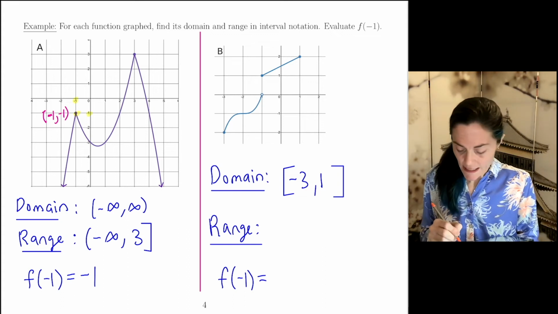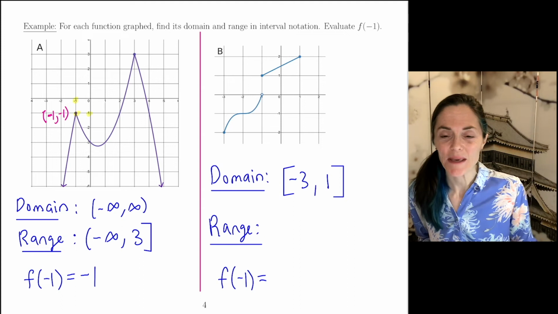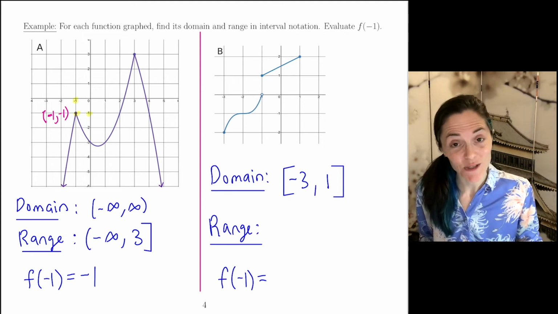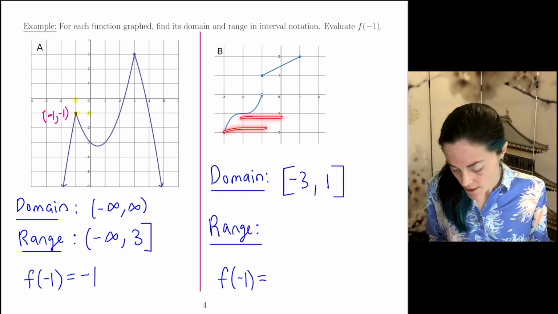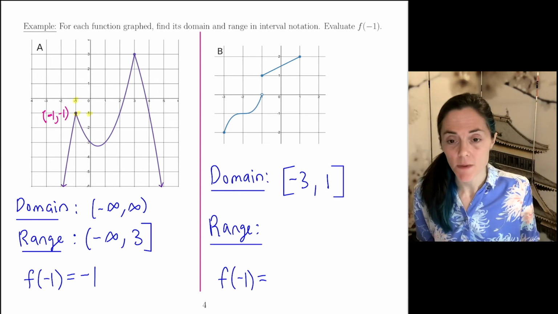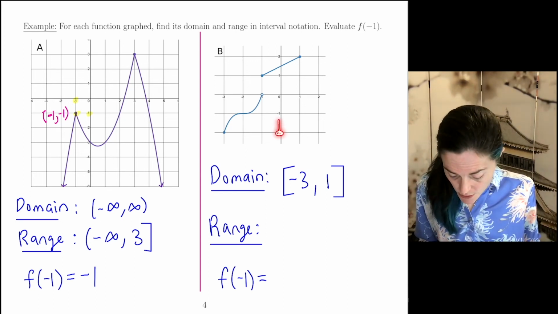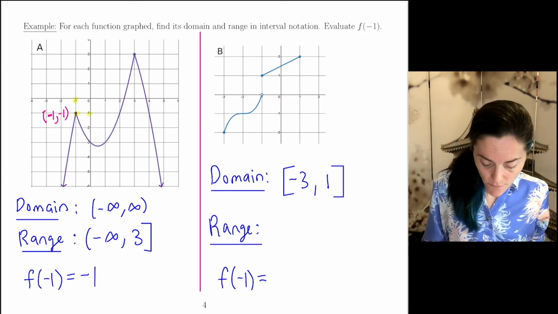What about the range? This one's a little exciting because we are going to have a union of two intervals. You see what happens when I squash this to the y-axis. I get this -2 to 0. It's open here at 0. So let's write this part first.